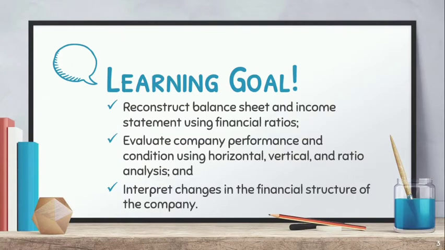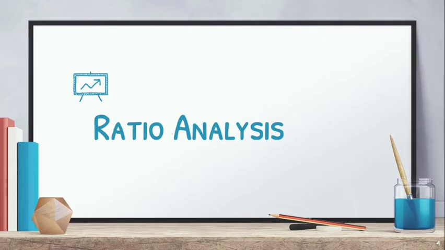So, our learning goals: reconstructing balance sheet and income statement using financial ratios, evaluating company performance using horizontal, vertical, and ratio analysis, and interpreting changes in the financial structure of the company. So, ratio analysis or financial ratio analysis is one of the three ways to analyze financial statements, the other two being the vertical and horizontal analysis.